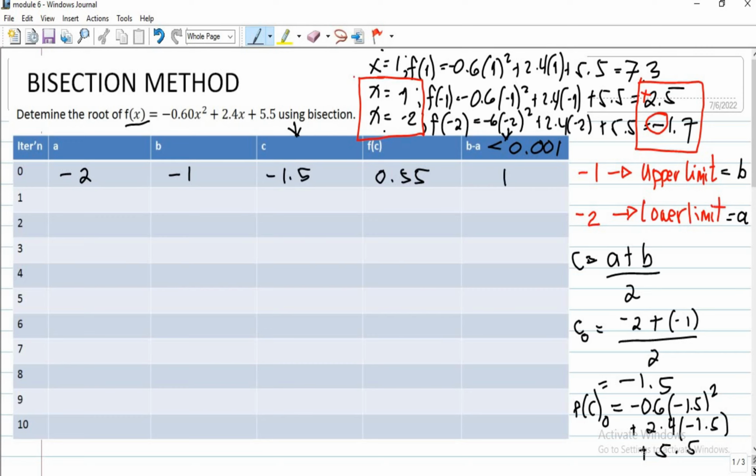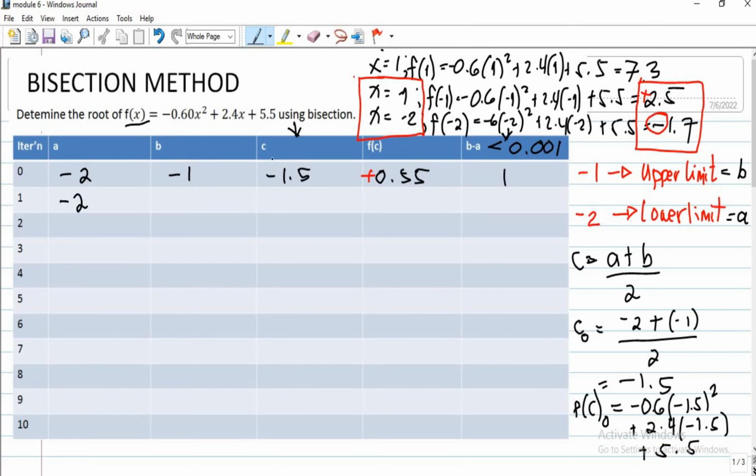Since ang sign natin sa may C or sa may function ng C ay positive. Positive ito. Pag pumunta na tayo dito sa may iteration 1, pag positive ang FC, hindi magbabago si A. So, just copy A. Itong B, or ang ating upper limit, magbabago siya.